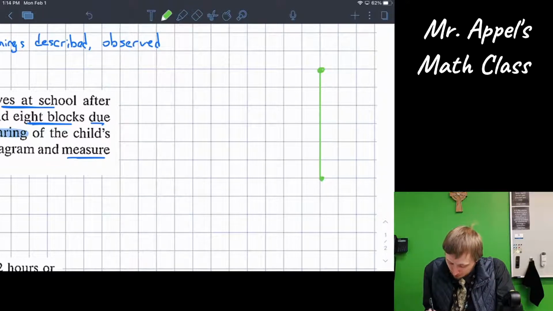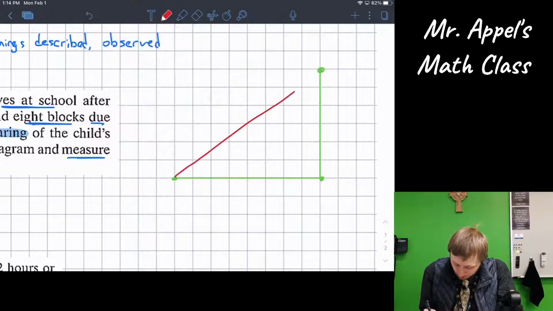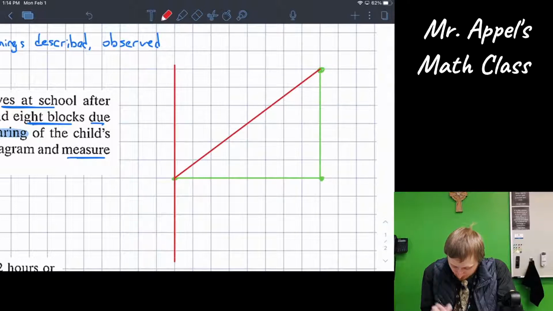There we go. And 1, 2, 3, 4, 5, 6, 7, 8. Right there. So then the line we want to measure goes here, and that is to the north-south line. So let's draw that in there.